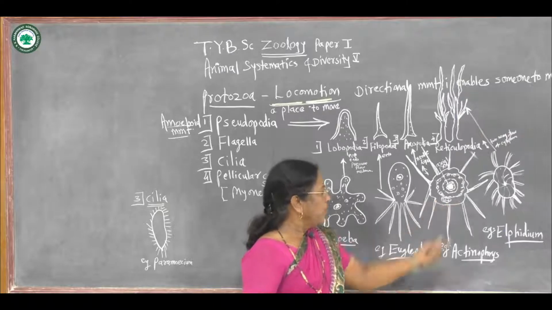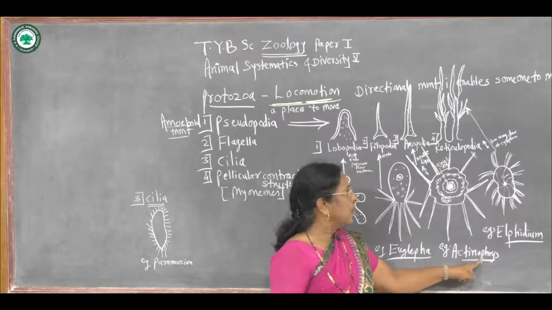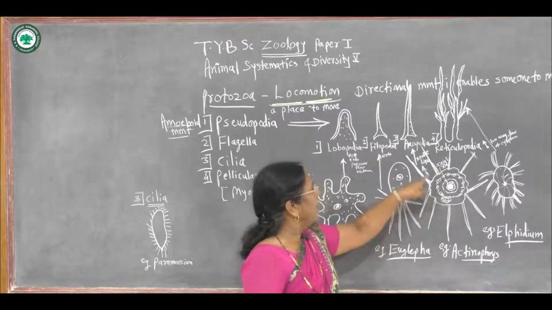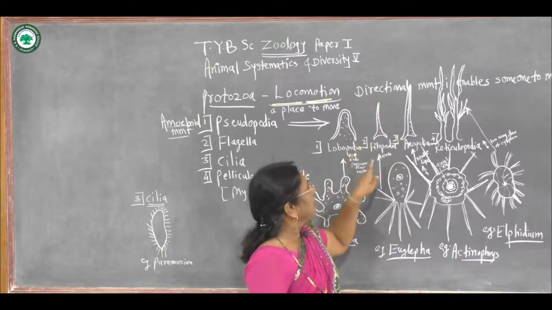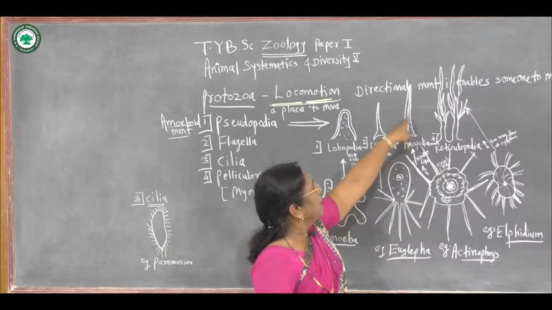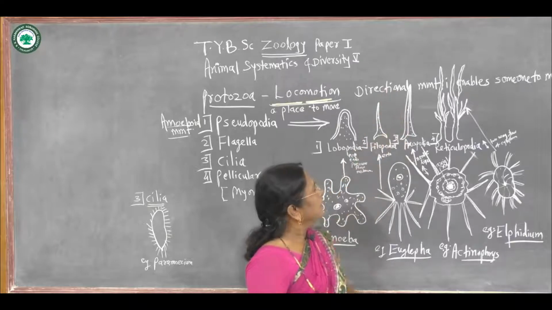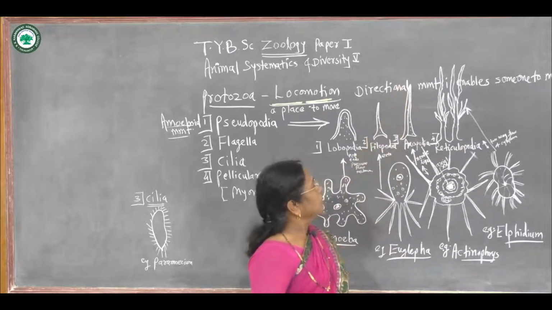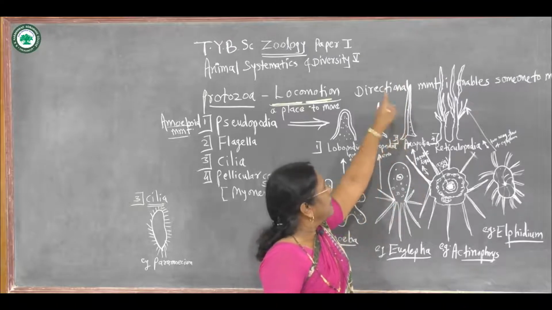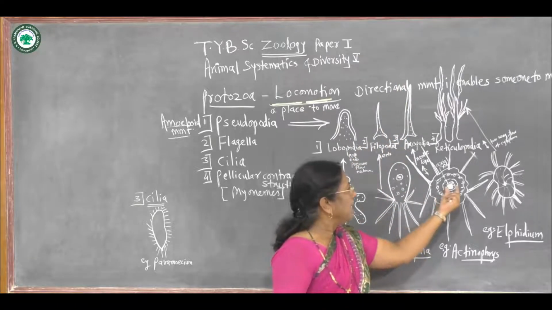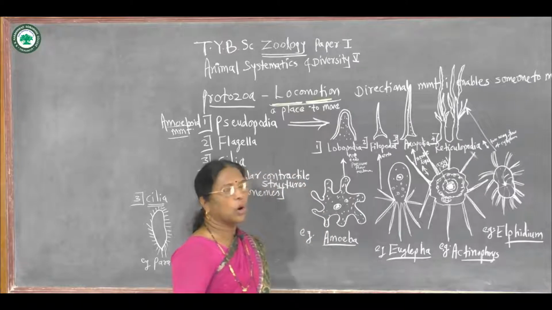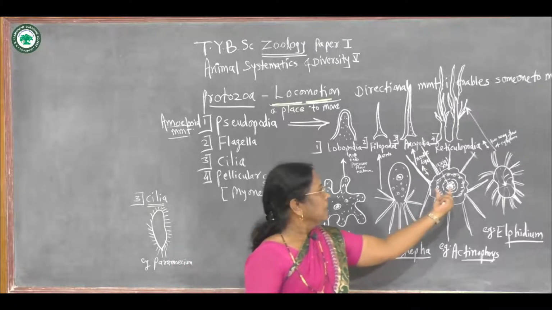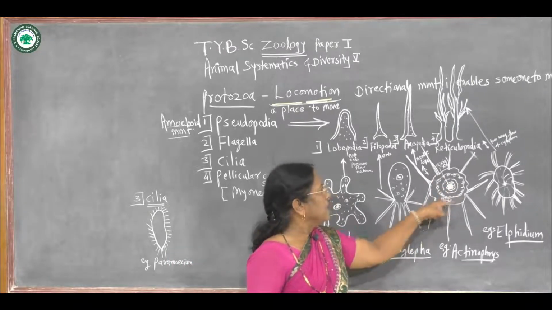The third pseudopodia is called axopodia. These axopodia are found in Actinophrys. These axopodia are elongated compared to filopodia. They are elongated, stiff and pointed at the tip. They are stiff, and they arise from the axial rod, the central part, which is surrounded by cytoplasm.